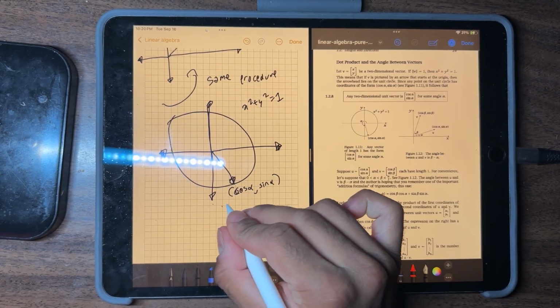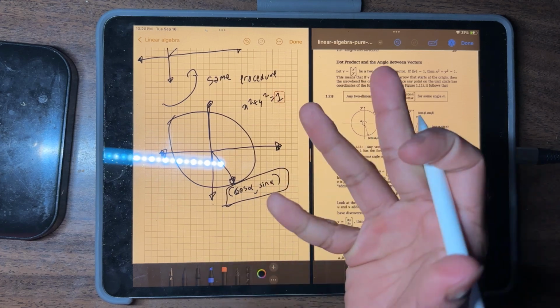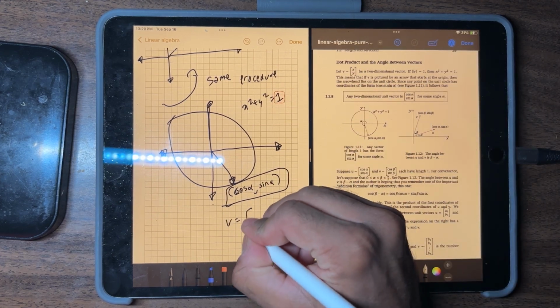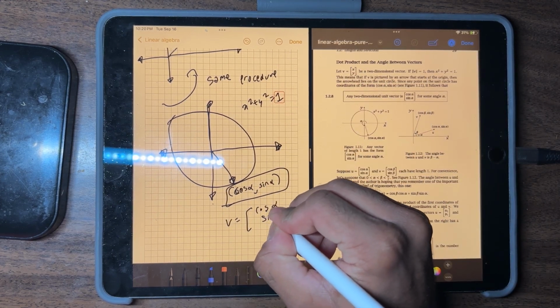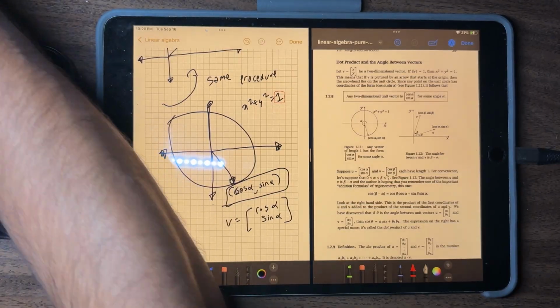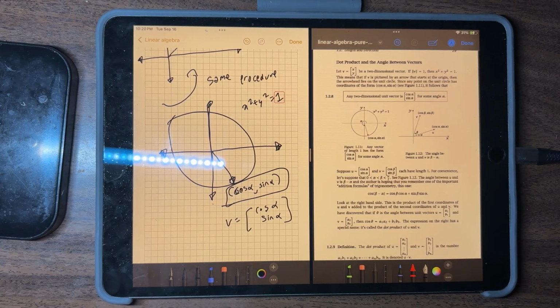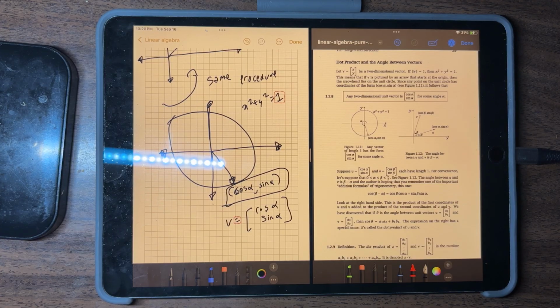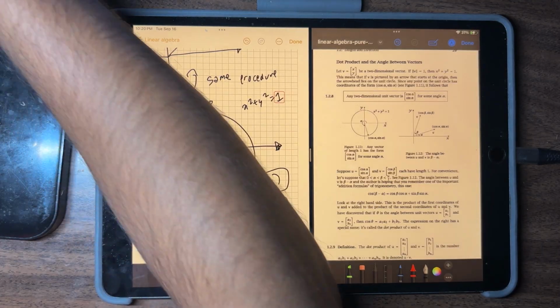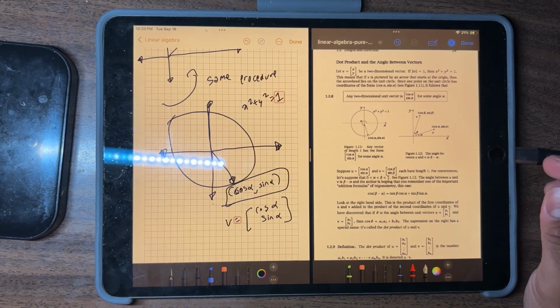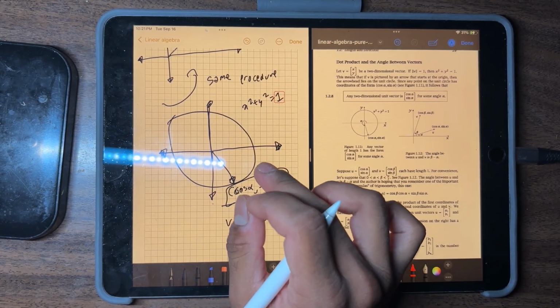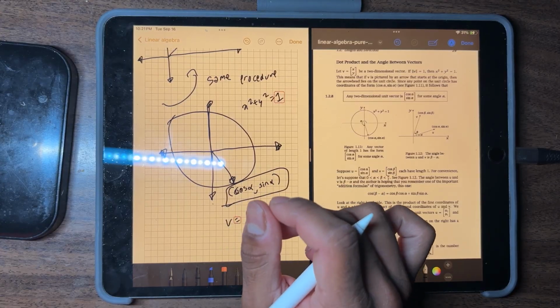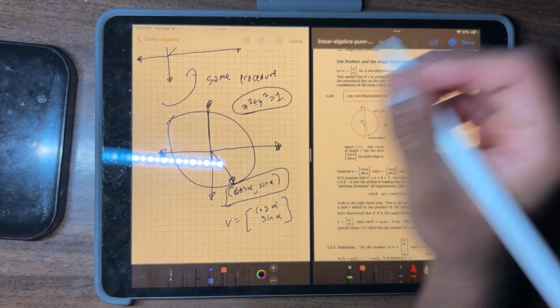And so if I were to represent this coordinate as a vector, then v would be cosine alpha, sine alpha, right? For any angle alpha. So this is only applicable for any vector where length will be equivalent to 1.